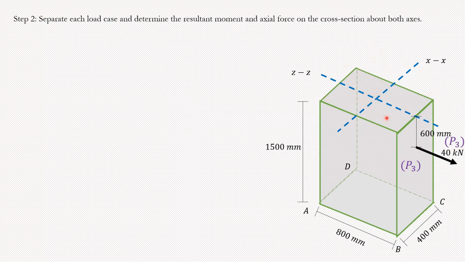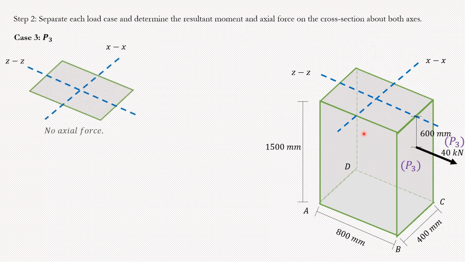That's what we call the axial force. But we don't have anything in that direction. It's going to the left and right, in the direction of ZZ. So this does not have any axial force for us. No axial force. But it does have moment.